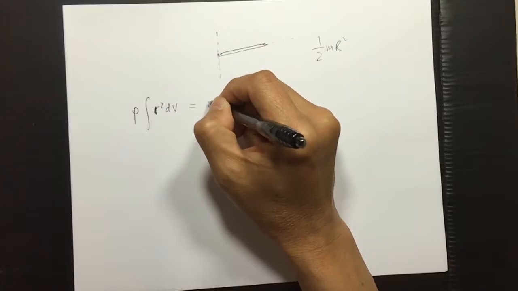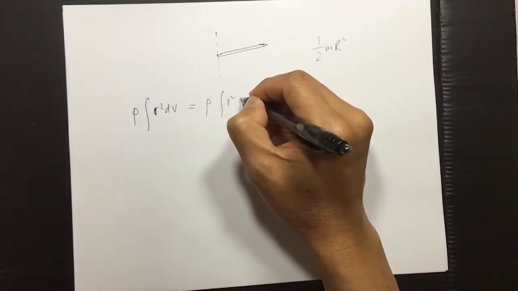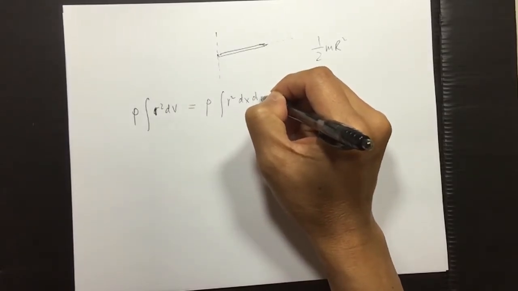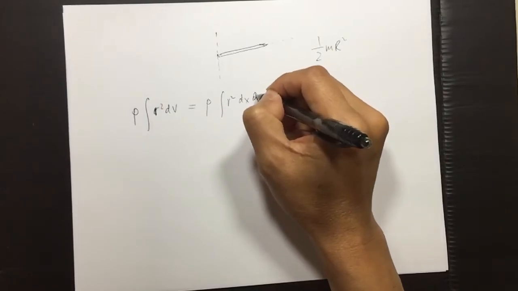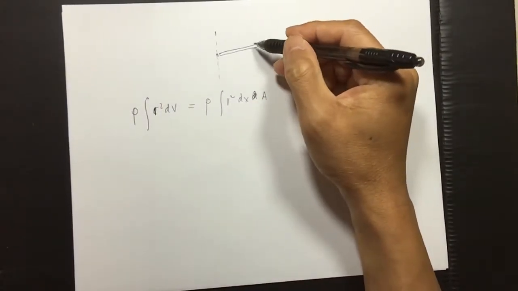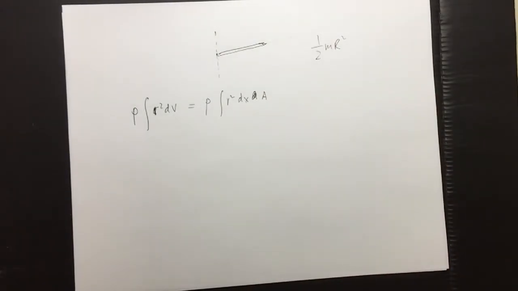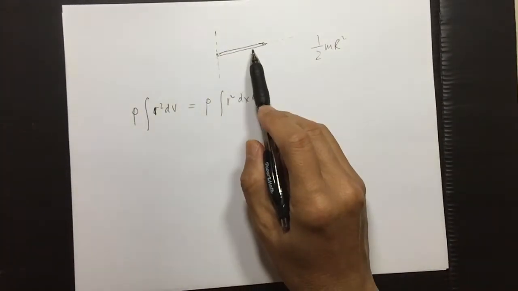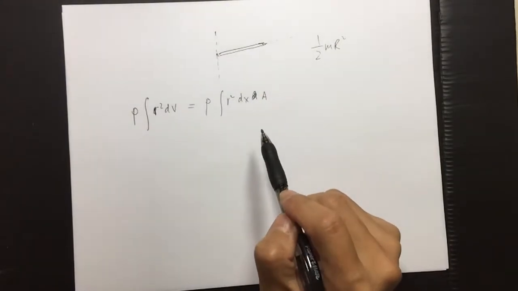So we call this rho r squared dx times, whatever, we just call it area, because the cross-sectional area is not changing. Just dx times A, that's a little bit here. We cut it into little slices.